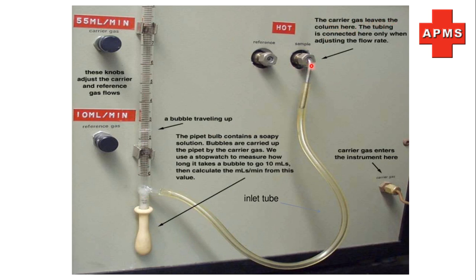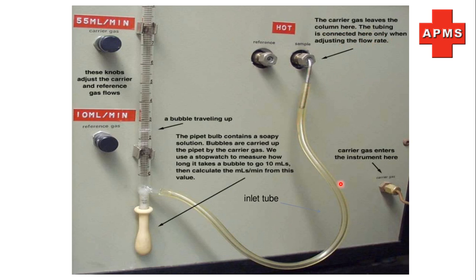Okay, actually this is attached at the outlet side of the column, where the carrier gas flows without the sample, which remains or is left inside the column, inside the detecting assembly or column, and only carrier gas moves outward. The tubing is connected here only when adjusting the flow rate.